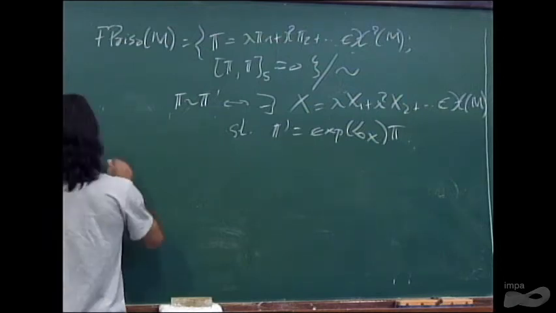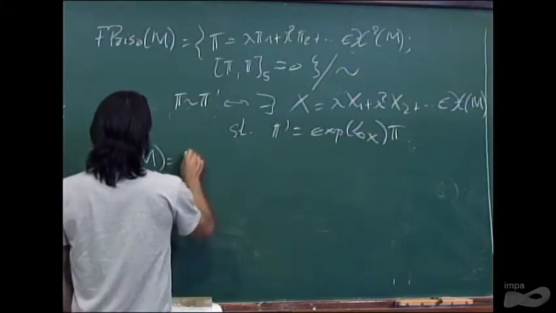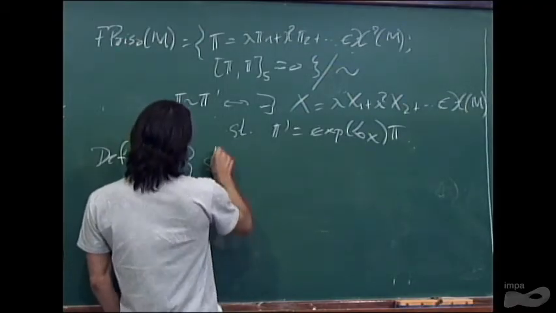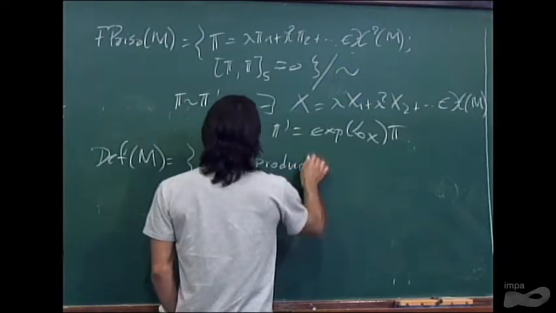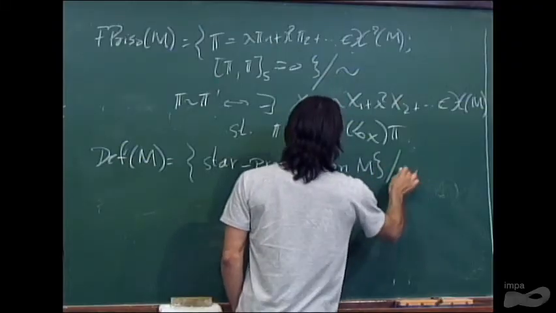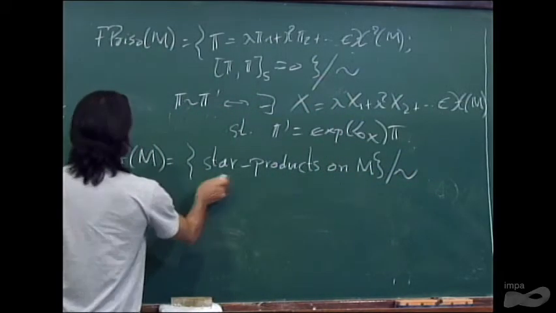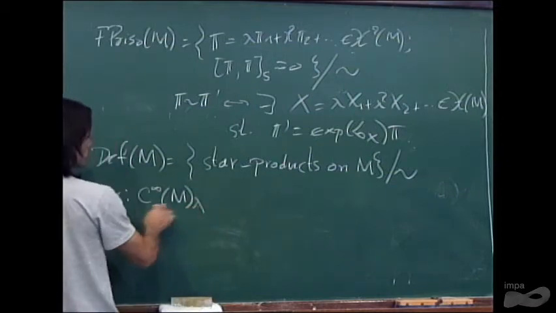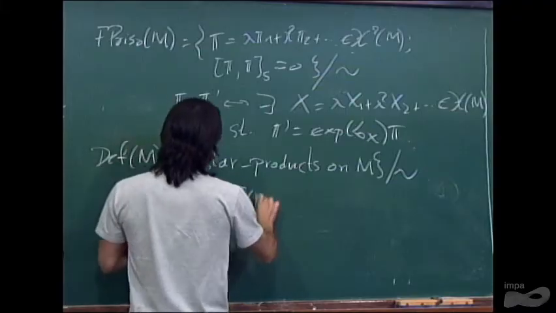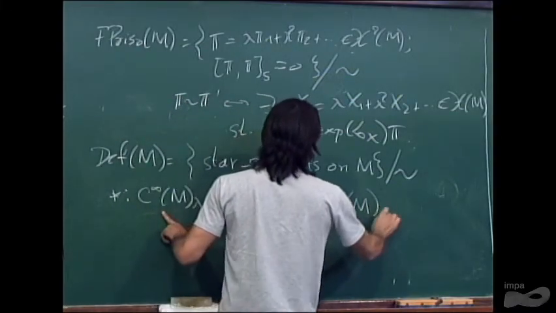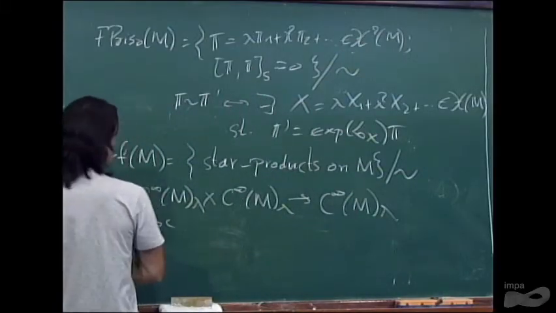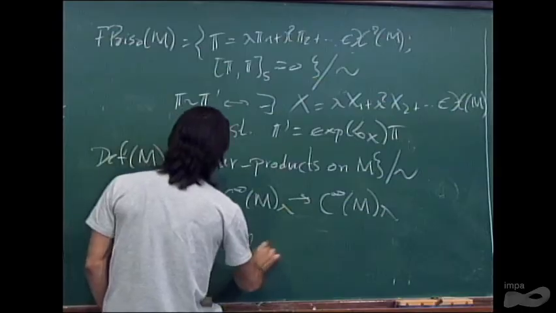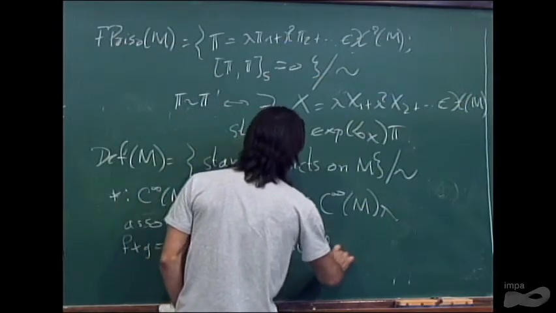And the other set here, Def M, is the set of star products, also quotient by an equivalence relation, and a star product on M is nothing but a product in this space of formal power series of functions on M, which is associative, and it is of the form f star g equals fg plus lambda C1(f,g) plus lambda squared C2(f,g) plus and so on.